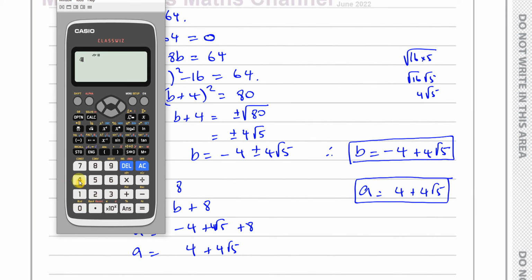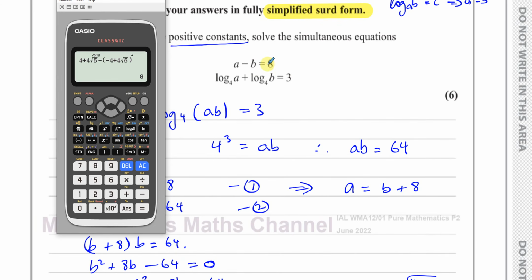Just to make it clear, 4 plus 4 root 5, and you're going to take away all of, I'll put it in a bracket, minus 4 plus 4 root 5. And you see what's going to happen here. You end up with 8. So these two satisfy this first equation.